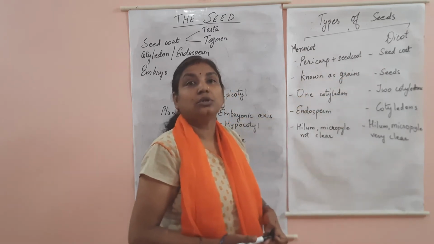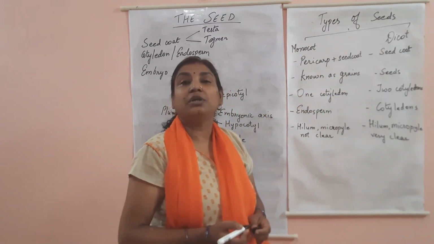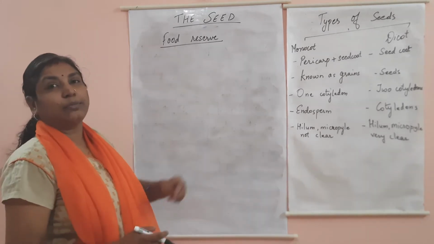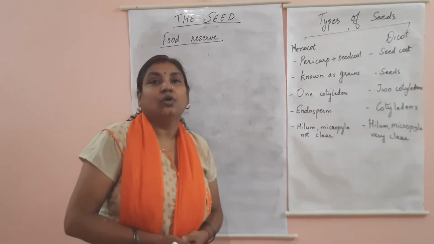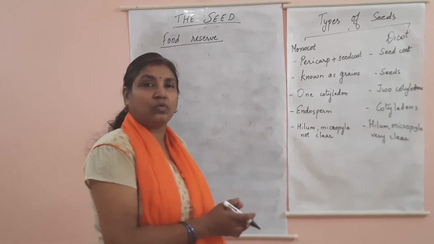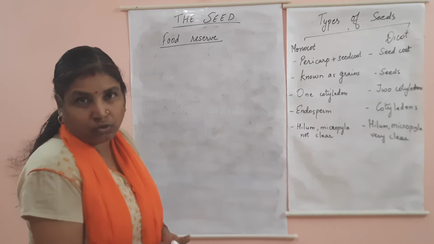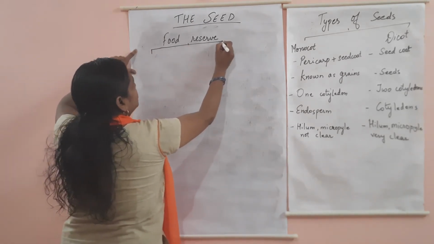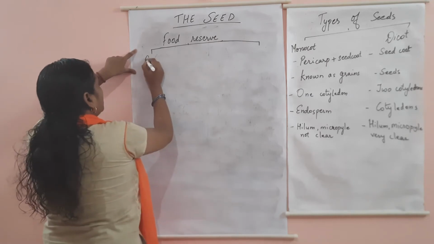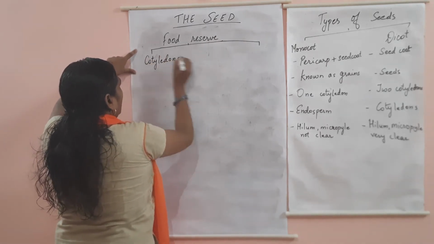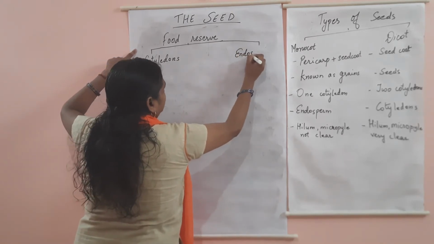Now coming to the type of food reserve in the seed. We all know the food is reserved either in the form of cotyledon or endosperm. So we have two types of food reserve, that is your cotyledons and endosperms.